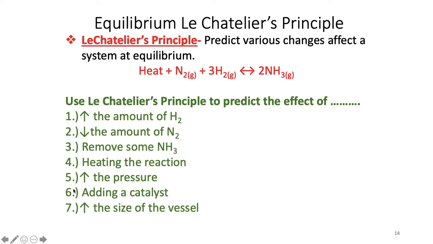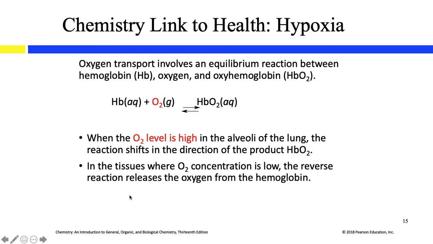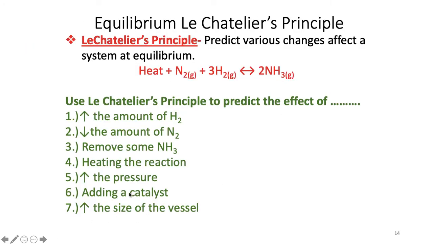What happens if I add a catalyst? Well, a catalyst does not affect the equilibrium of a reaction. What it does affect is how fast the reaction proceeds. It affects the reaction rate, but not which direction it proceeds or the value for my equilibrium constant.